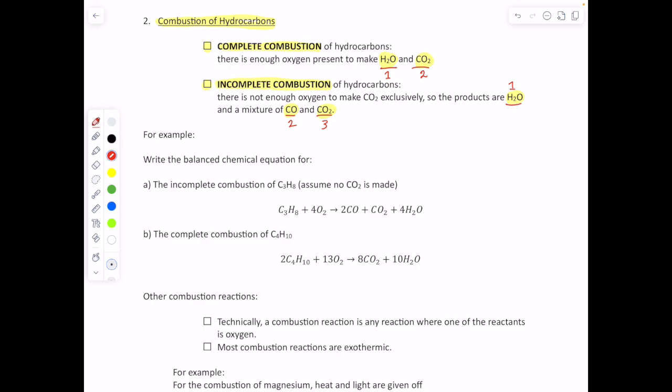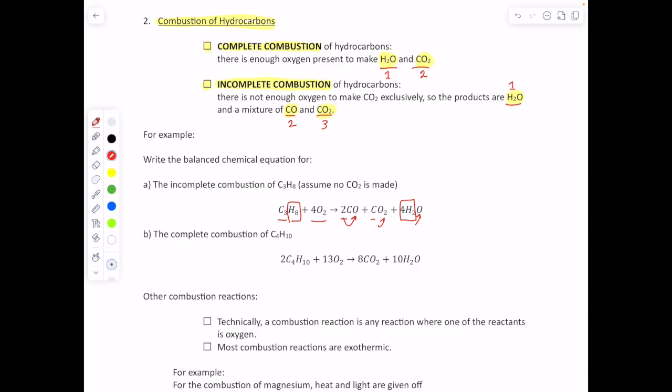We have 3 carbon on this side and 3 carbon on that side. We have 8 hydrogen on this side and 8 hydrogen on that side. We have 8 oxygen on this side and 2 plus 2 plus 4 is 8.